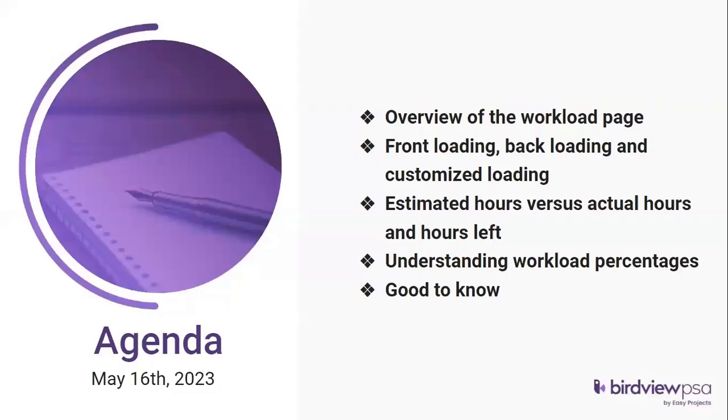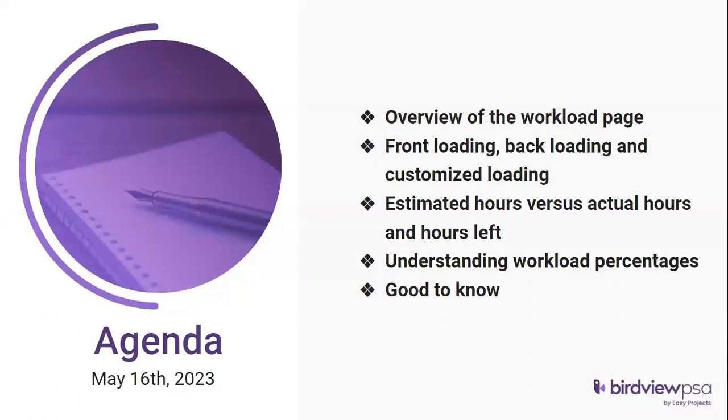Our topic today is understanding Birdview's workload management view. We're going to start by going over the basics of the workload page and the purpose of the fields that you see in the view. We'll then learn how to distribute hours by using front load and backload options, as well as how to evenly spread them through the duration of the tasks, as well as customize them specific to the way that you would like to.